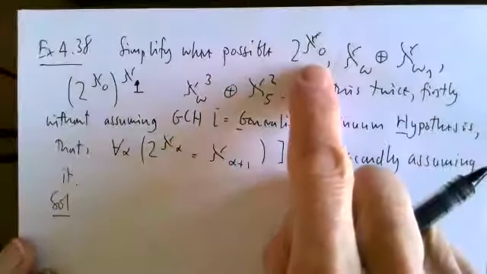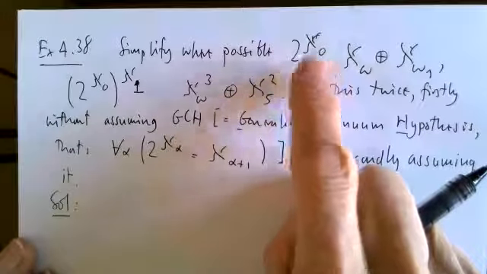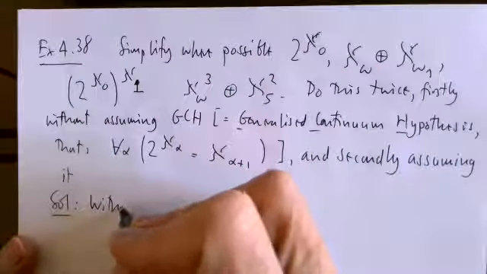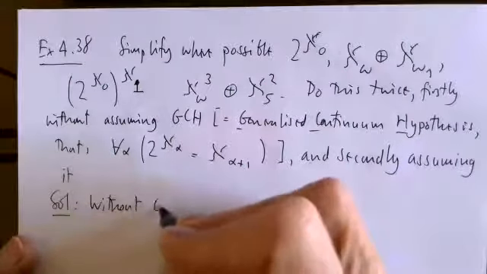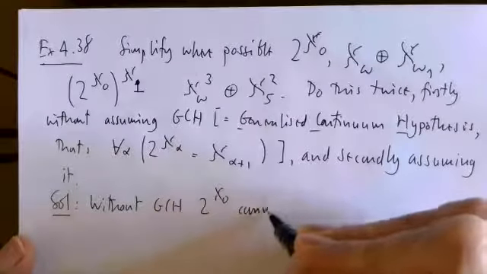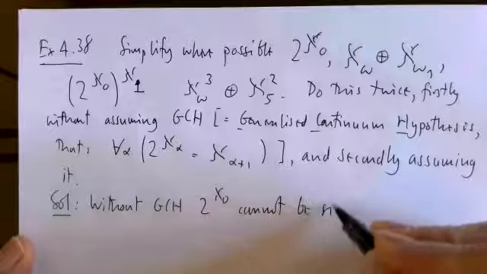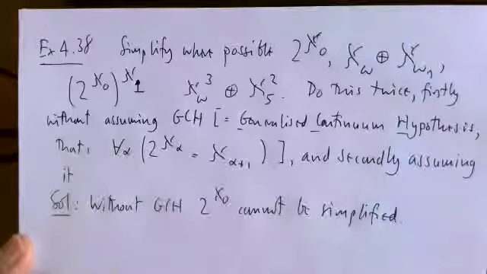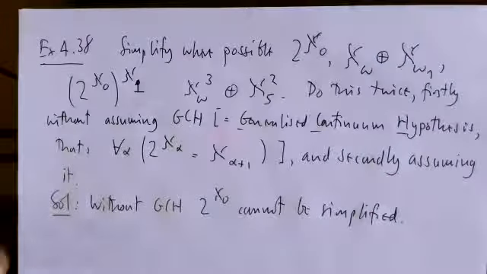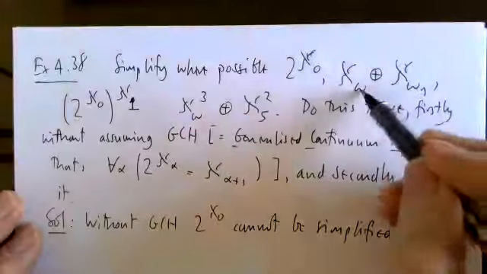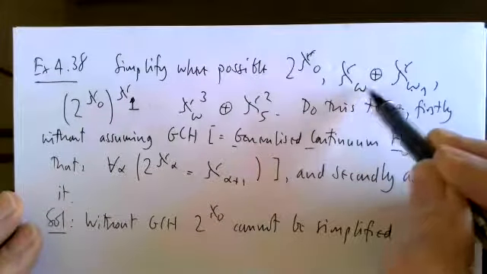So without GCH, there's nothing more we can say about this. So without the continuum hypothesis, I can't simplify 2 to the Aleph 0. I can simplify this by Hessenberg.